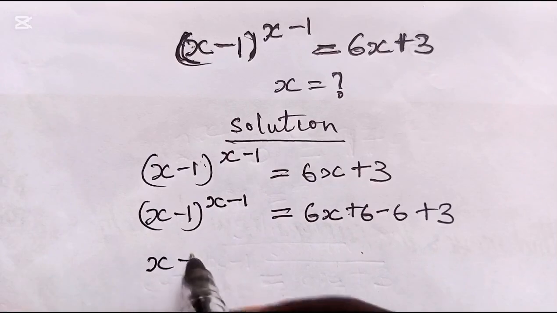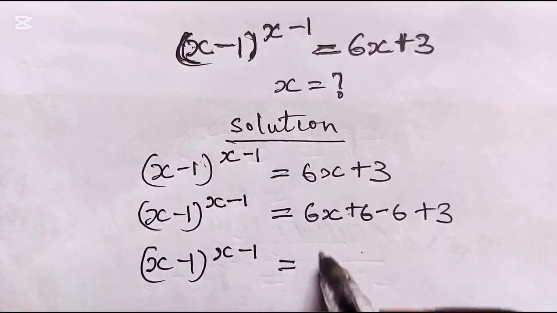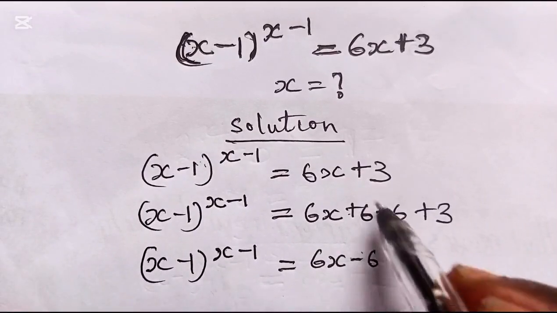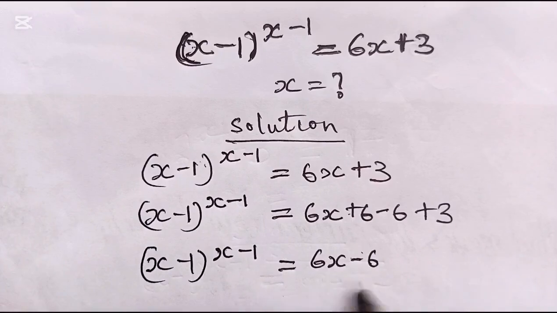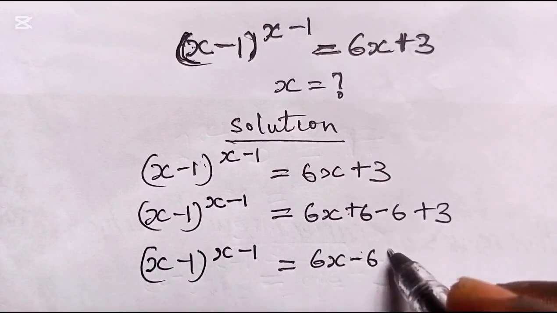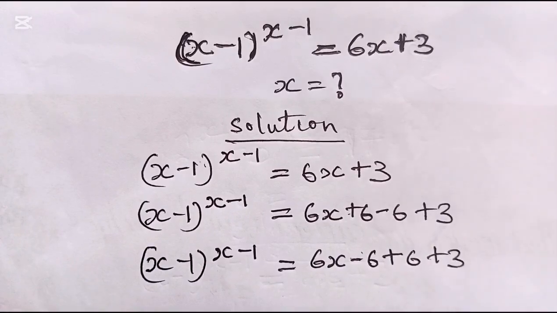So we have (x − 1)^(x − 1) equal to 6x minus 6 plus 3. If we want to find a way of having a value similar to x − 1 here, that is the reason for the manipulation here. So we have plus 6 plus 3.